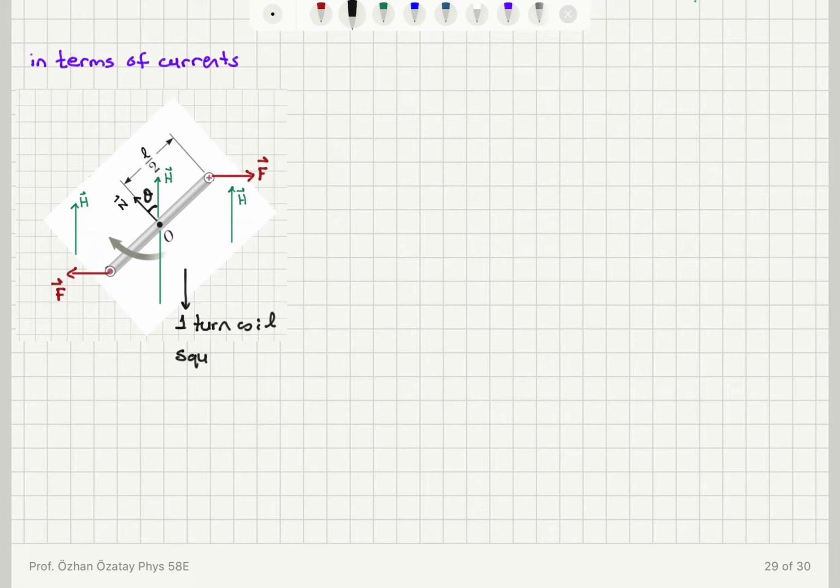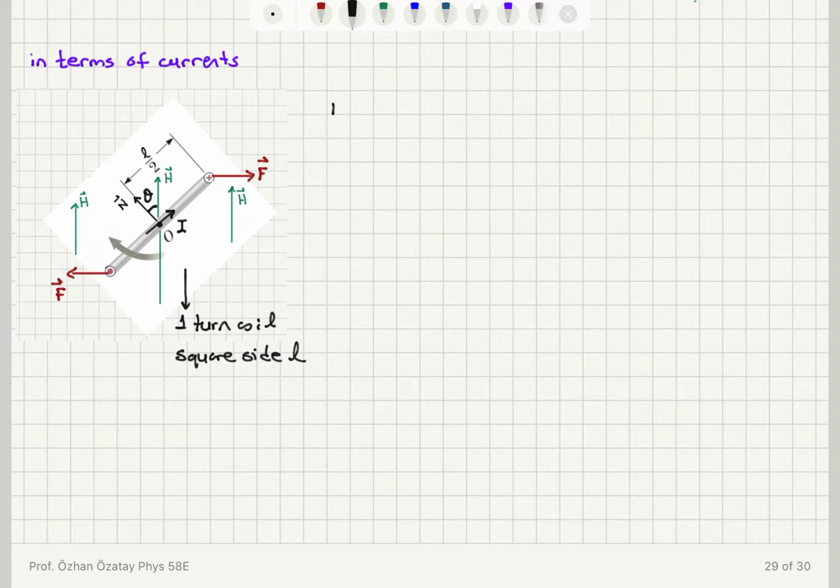It's a square with one side given by L. It carries a current I. So you can see that this current is coming out of the board on one end, going diagonally towards the other end, and then going into the board on the other end. So that's a current loop. It's a one-turn coil. And if you place it inside the magnetic field, it's going to feel a force.